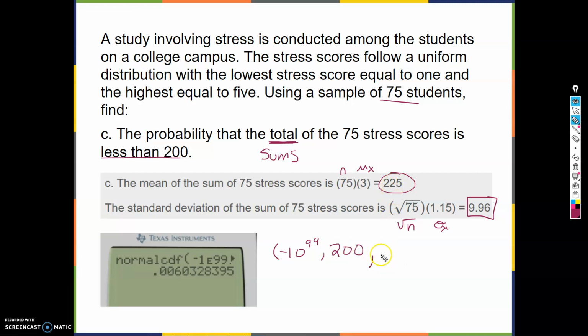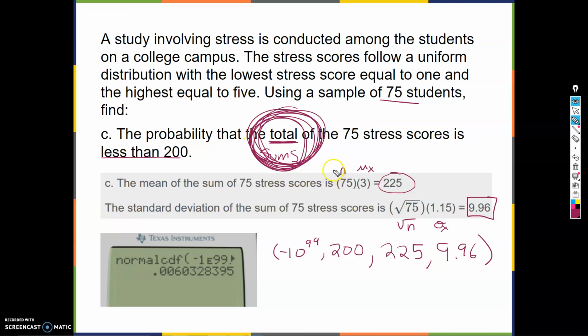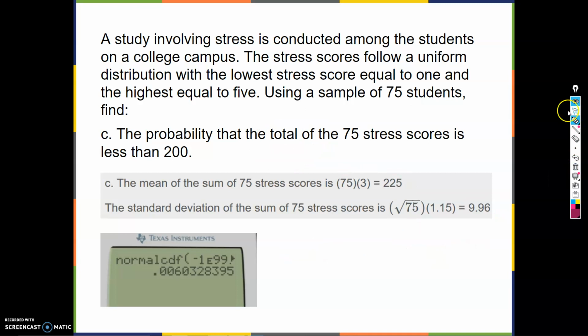Your mean now is 225, and your standard deviation is 9.96. So this is what goes in the calculator: lower, upper, new mean, new standard deviation. Why is this different? Because again, we're dealing with sums. So means and sums are different, and you need to recognize the keywords of when to use either one.